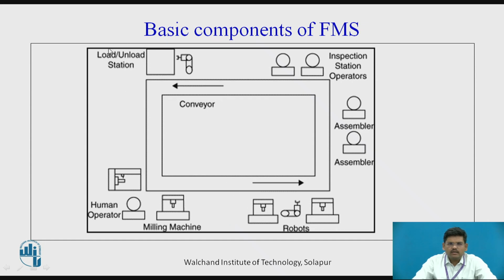Here is the loading and unloading station. Here you have the inspection or quality checks, and here you have the assembly. This symbol represents the labor or human resource, and others you can see are machines. So a beautiful combination of machines along with human intervention that is totally centrally controlled is your FMS system.